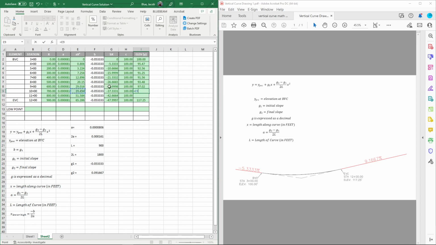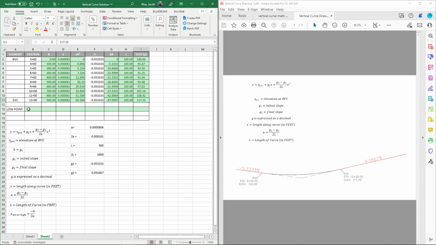And it looks like my elevations go downhill until I hit the low point, then I keep going uphill. And again, without having known values here, all I can say is they look like they're going in the right direction, so I'm going to believe those values for right now.